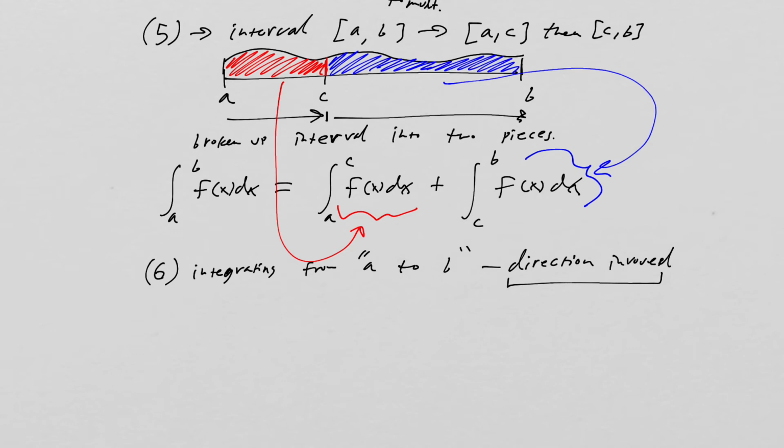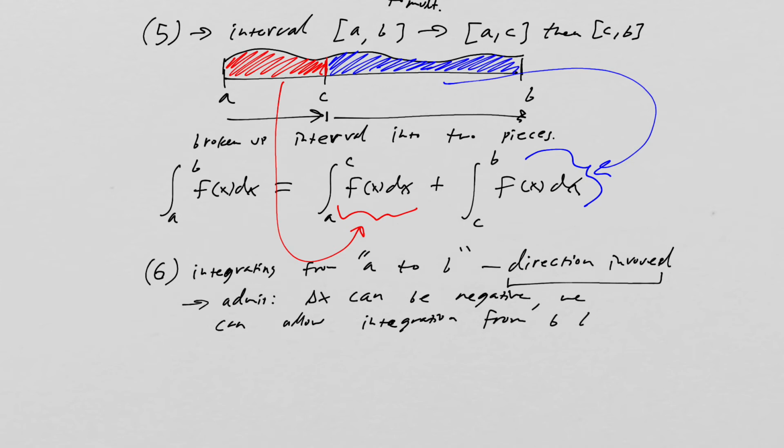But the idea here is that we're going to actually admit that delta x can be negative. We can allow integration from b to a.